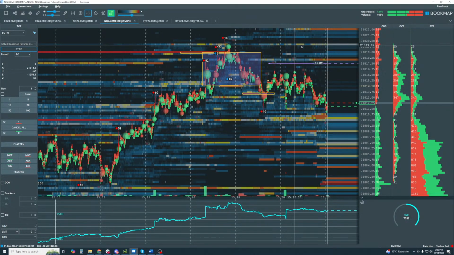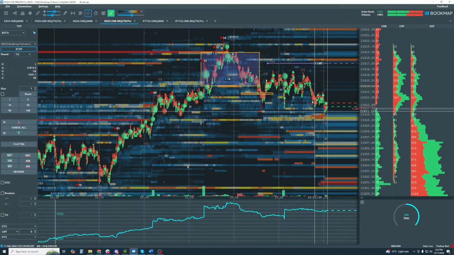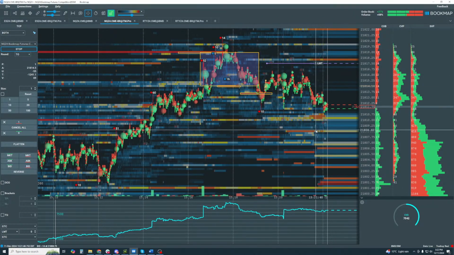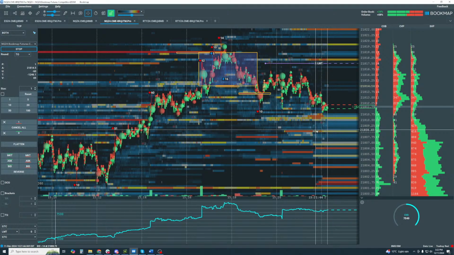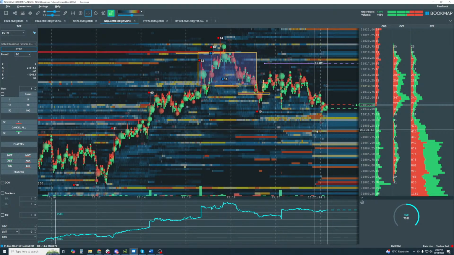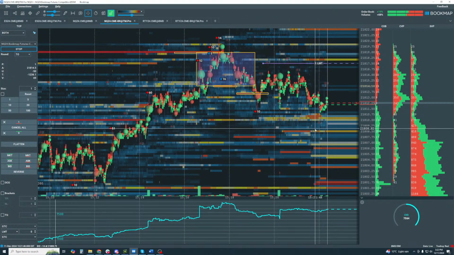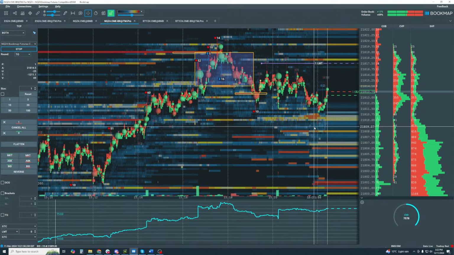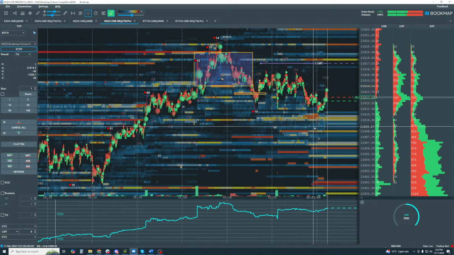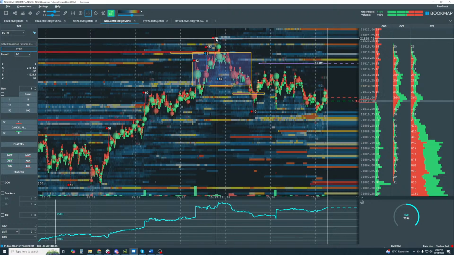Let's see if maybe this is just a test of this liquidity down here and then trade back up into the zone here. See if we get that. Nice stop run to the upside, 52, 10, 14.